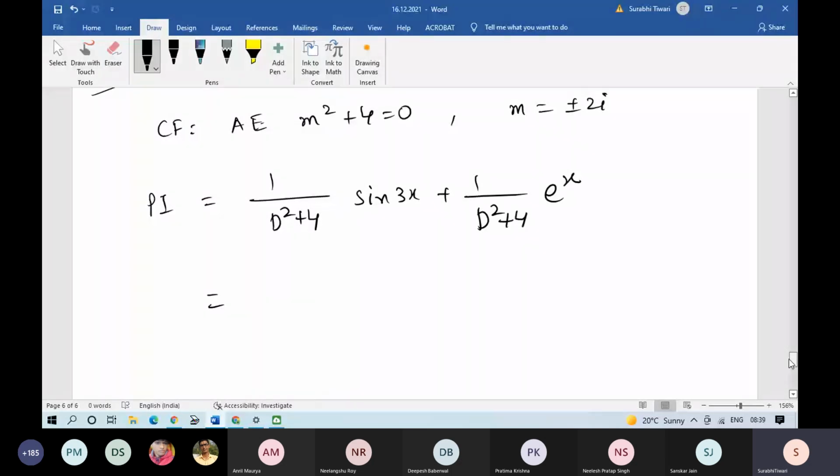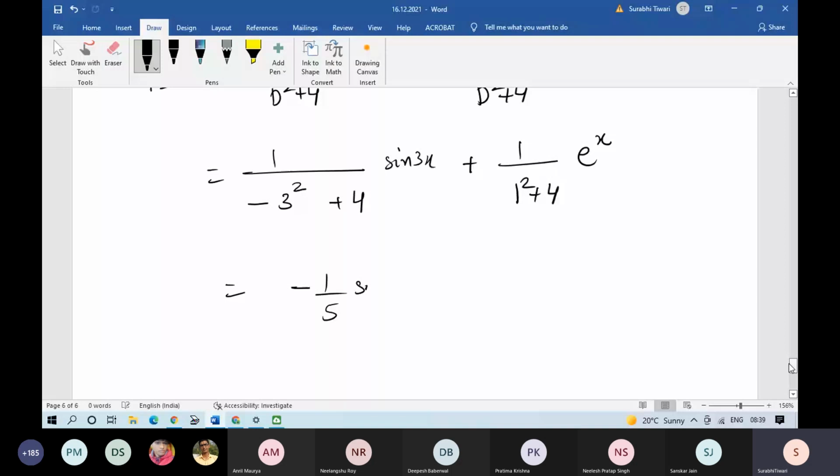So this will be 1 upon (minus 3 square plus 4) sin 3x plus, now here you put d is equal to 1 because a is equal to 1 in e raised to the power of x. So this will be 1 upon (1 square plus 4) e raised to the power of x. So what we got is minus 1 upon 5 sin 3x plus e raised to the power of x upon 5.